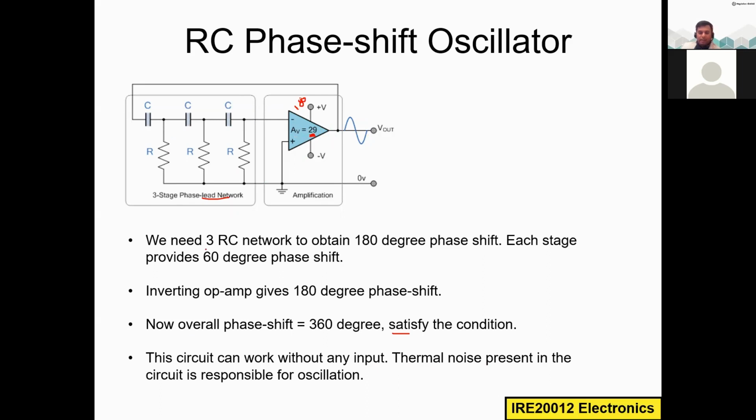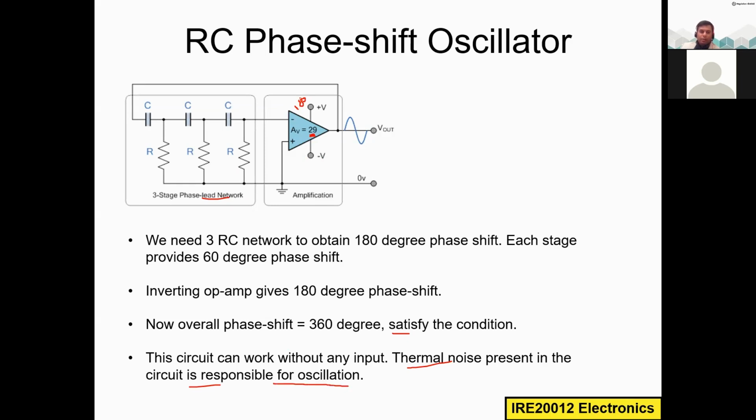Thermal noise present in this RC network will act as an input, and it will help to get oscillation at the output. Or we can say thermal noise is responsible for the oscillation.